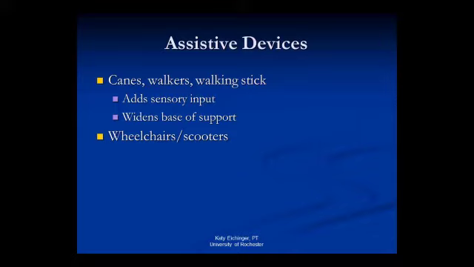Whereas walking from the time that we were very little was very much an automatic activity, it becomes much more of a cognitive activity. So I often recommend that people use assistive devices in situations where they may be distracted.